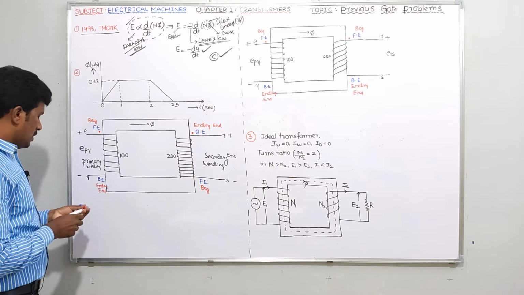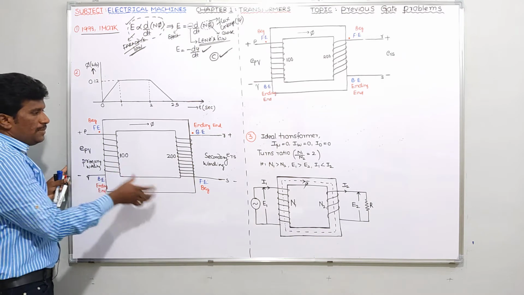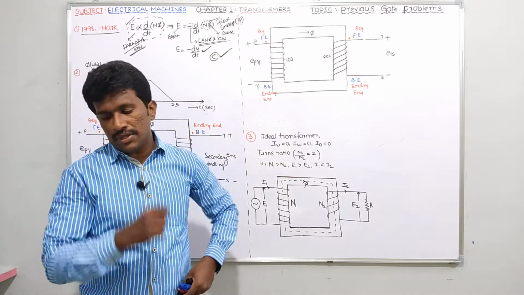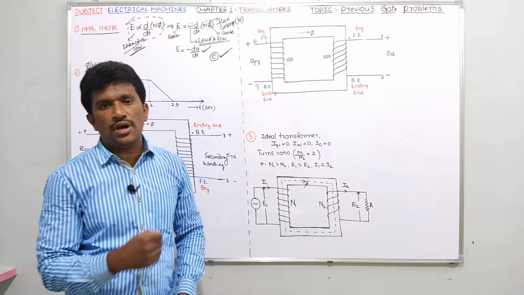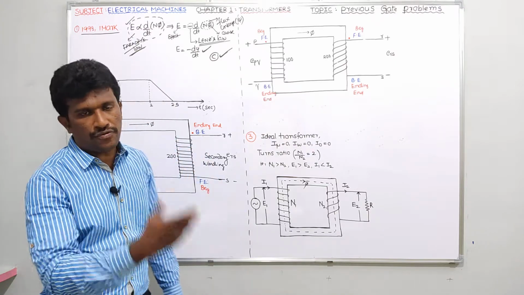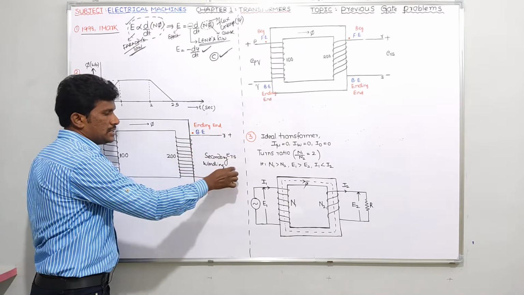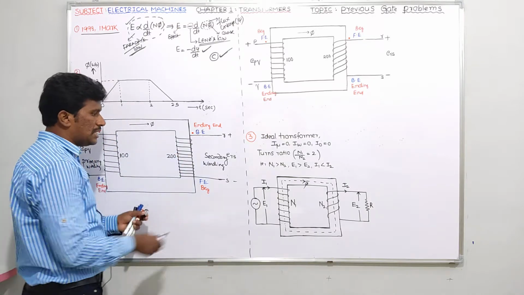He clearly mentioned, after giving the diagram, he asked: the induced EMF ERS in the secondary winding as a function of time will be of the form. So he is asking the induced EMF ERS in the secondary winding.